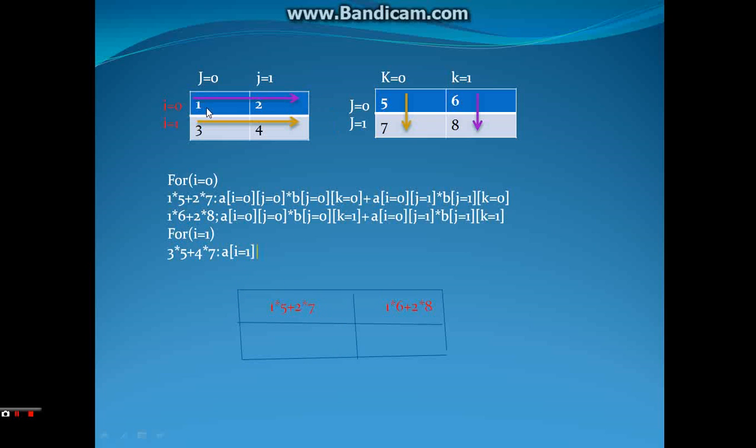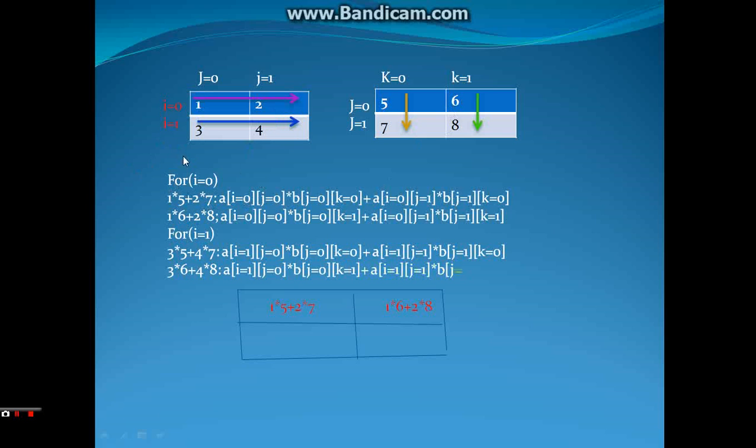Then after multiplying the second row and first column, we get 3 into 5 plus 4 into 7. Then second row and second column, we get 3 into 6 plus 4 into 8. You can see that for I is equal to 0 these situations come, and for I is equal to 1 these situations come.